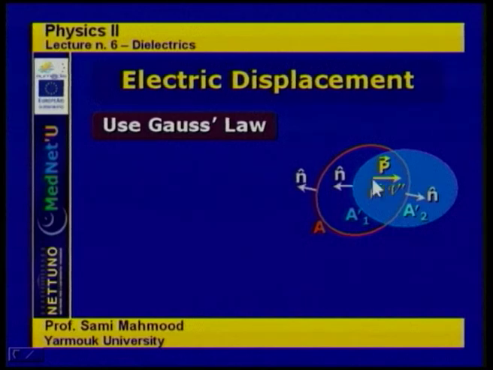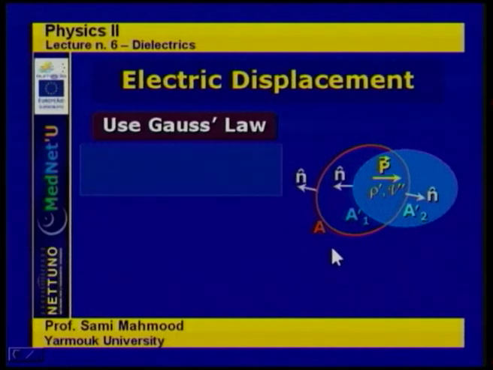We assume that the dielectric is polarized with a uniform polarization P, and the normals to the surfaces at the different points are shown here by n hat. A prime is this surface that is the intersection of the Gaussian surface with the dielectric. A1 prime is the surface of the dielectric that is enclosed inside the Gaussian surface, and A is the Gaussian surface. These are the definitions.